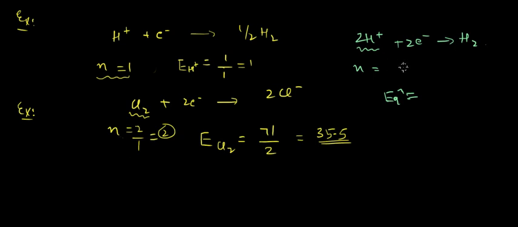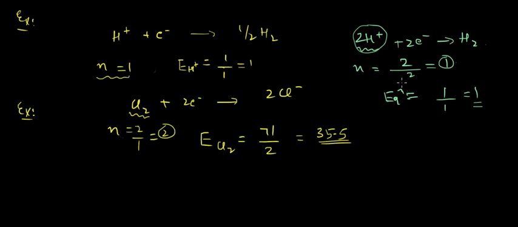The n factor in the case of H plus is calculated on the lines of how many moles of electrons it is accepting, which is 2, and how many moles of H plus are consumed in the reaction. So the n factor would be 1, and the equivalent weight would be the molar mass of H plus divided by the n factor. The molar mass of H plus would be 1 and the n factor is 1, so the equivalent weight would be 1.